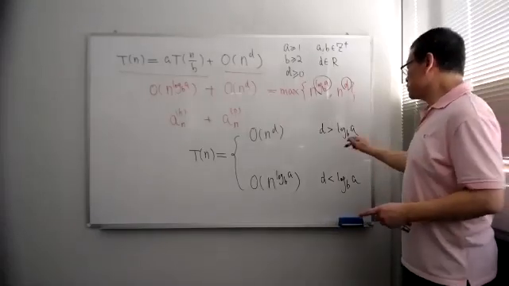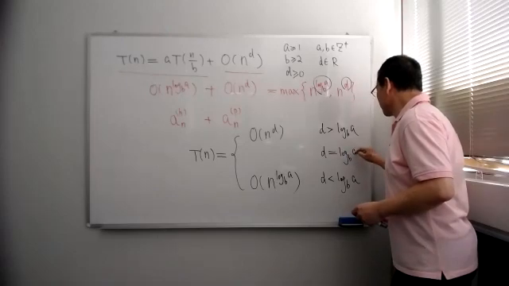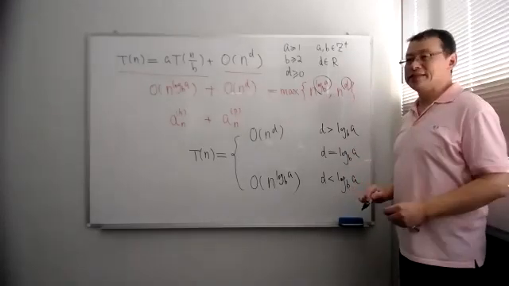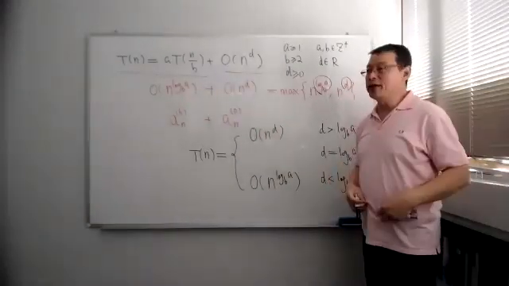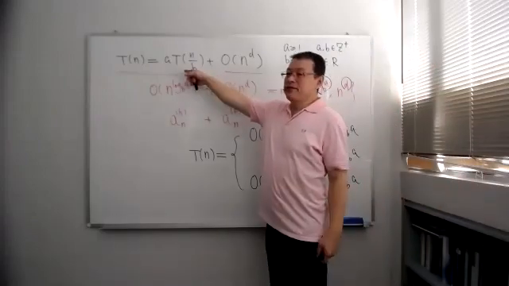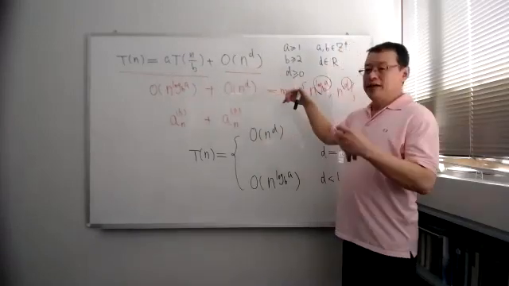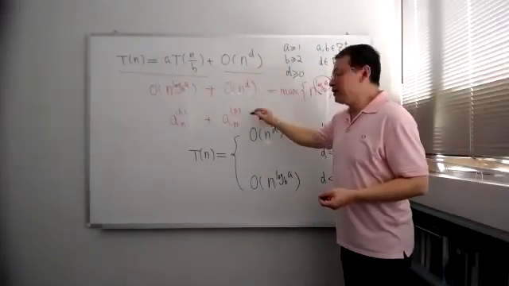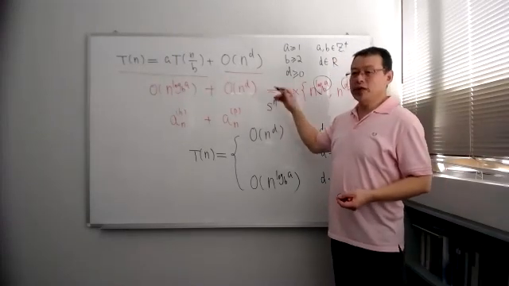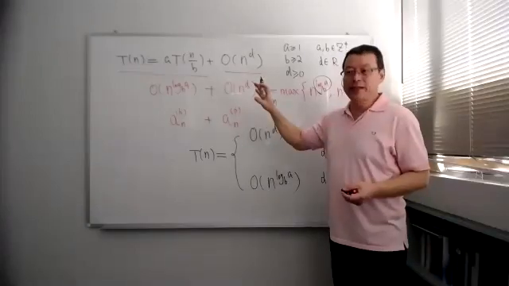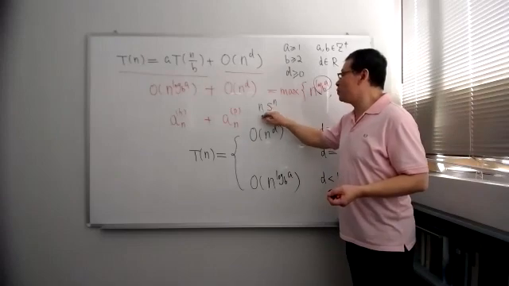Now there's a situation when these two are equal. What does that mean? Remember when we discussed non-homogeneous recurrence relations, when the exponential function s to the n is a root of the characteristic equation of the non-homogeneous part, the general form will be multiplied by n.